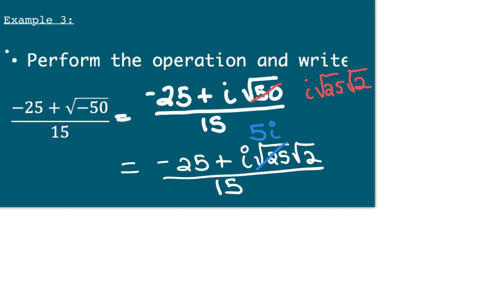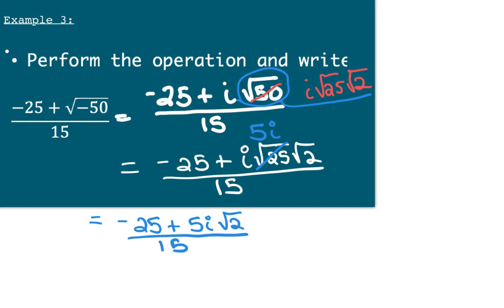Which is the whole purpose of breaking down my square root of 50 into the square root of 25 times the square root of 2, so that I can simplify that and take a square root when possible. So what I end up with now is the negative 25 plus 5i square root of 2 all over 15.